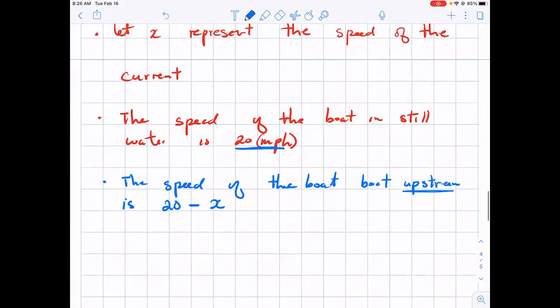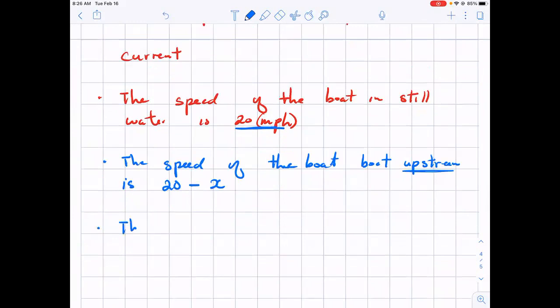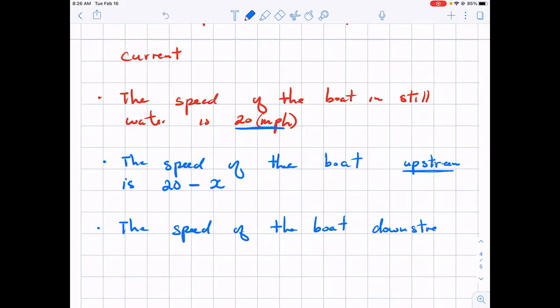And if we're traveling with the current, the speed of the boat downstream is 20 plus x, because now you're getting some sort of help with the water.